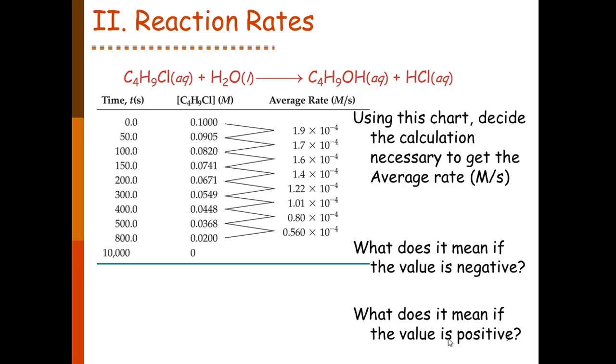In this case, we're observing the decrease in concentration of our starting material, which is C4H9Cl, and we're going to be observing the rate of the disappearance of that compound. So if the rate is negative, it means the compound is disappearing. And if the rate is positive, it means the compound is appearing, such that you would be looking at the products.